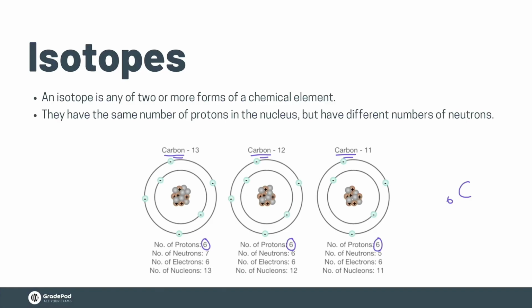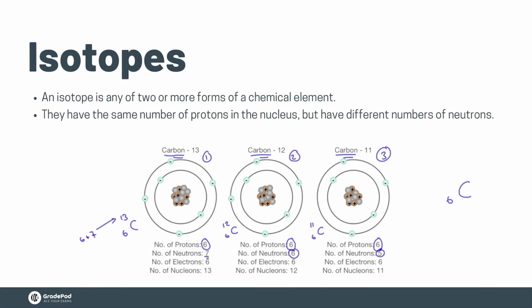You can see here that in this example 1, it has 7 neutrons, in which case it's going to look like this in the notation, because 6 plus 7 is 13. In example 2, it's going to have 6 neutrons, so our notation is going to look like this. And in example 3, it's got 5 neutrons, so our notation is going to look like this.